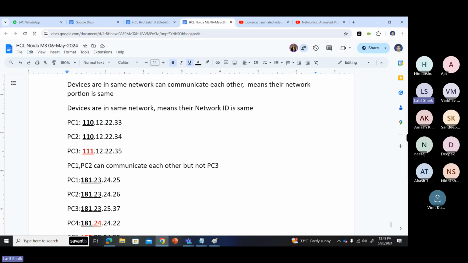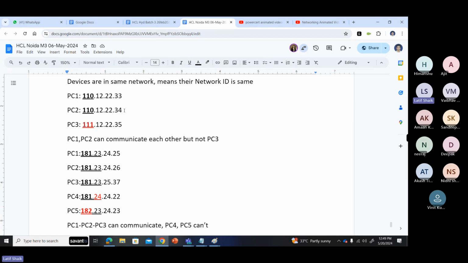So PC1 and PC2 have the same network portion, with only one single host portion different. Both can communicate with each other. PC3 has a different network address. See, it is 110, it is 111. It means PC3 cannot communicate with PC1 and PC2.